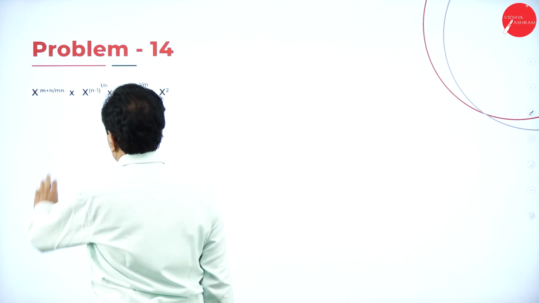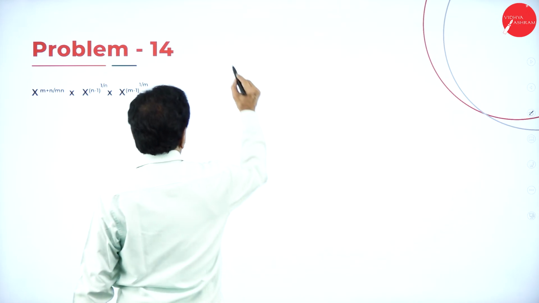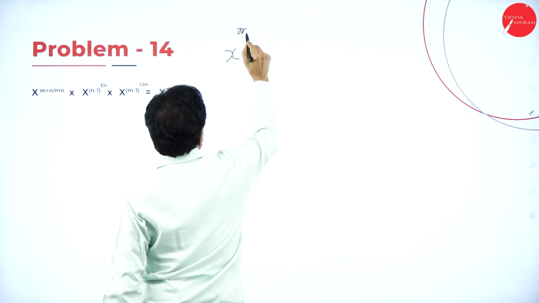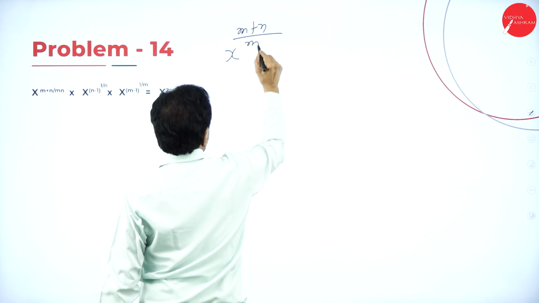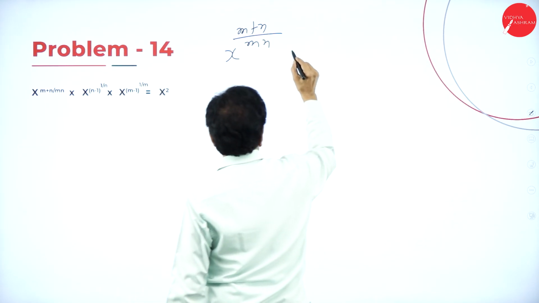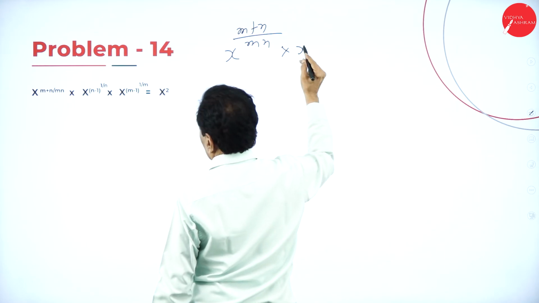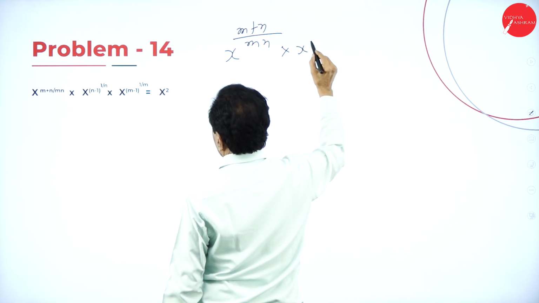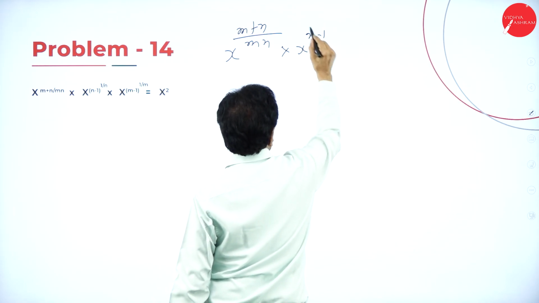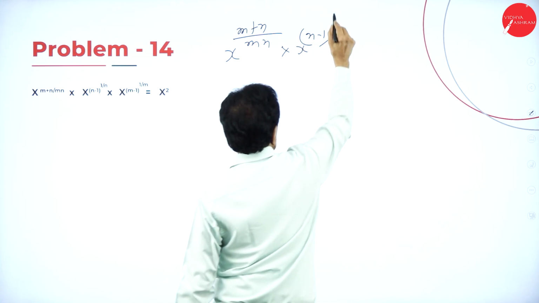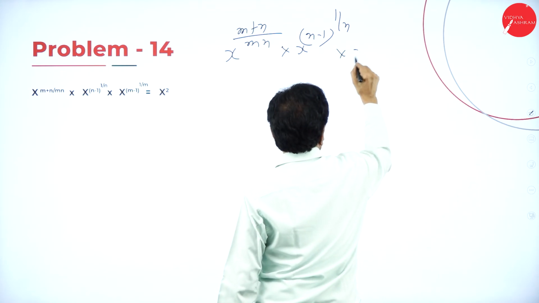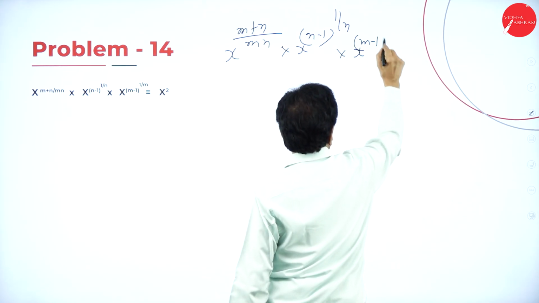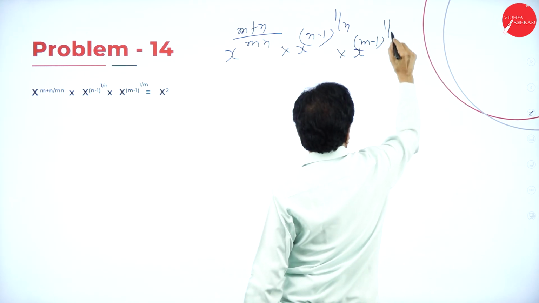x to the power of m plus n divided by mn, into x to the power of n minus 1 to the power of 1 over n, into x to the power of m minus n to the power of 1 over m.